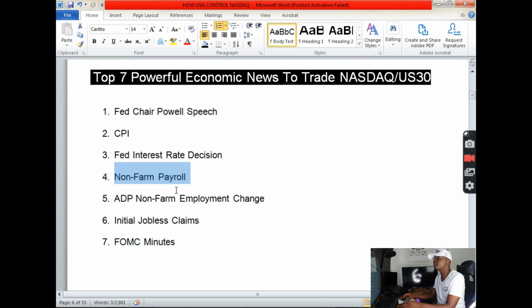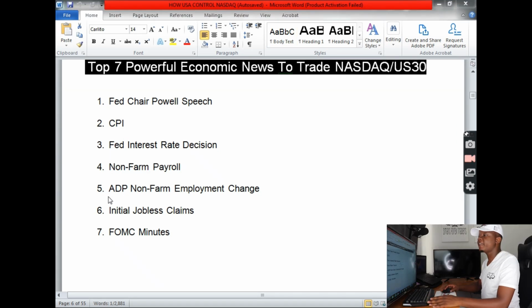Non-farm payroll, this one comes the first Friday of every month. This one is always there, first Friday of every month. You can capitalize on it by trading NASDAQ and US30. Then we have ADP non-farm employment change. It's also there on the economic calendar. You can check when it is occurring so that you can trade the indices market, the NASDAQ and US30.